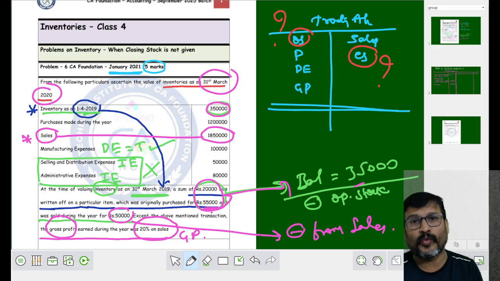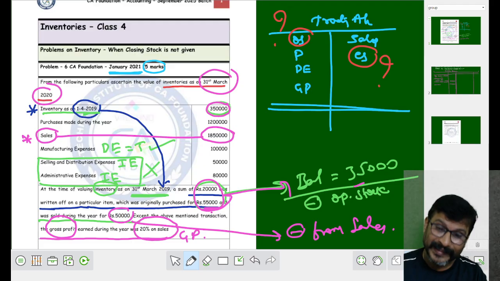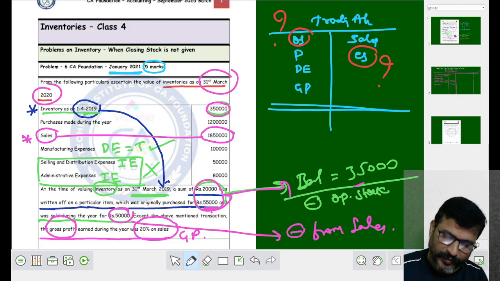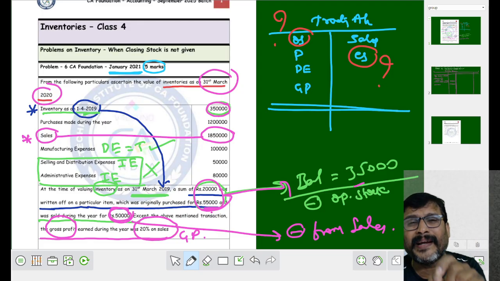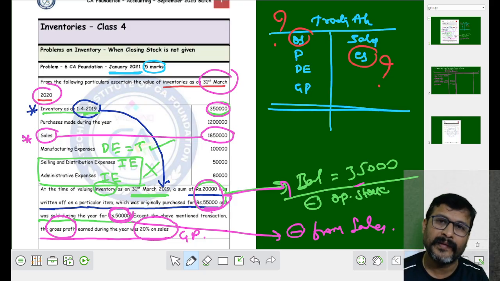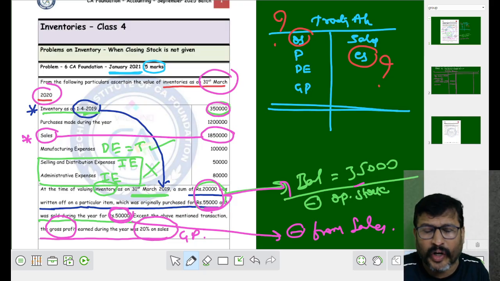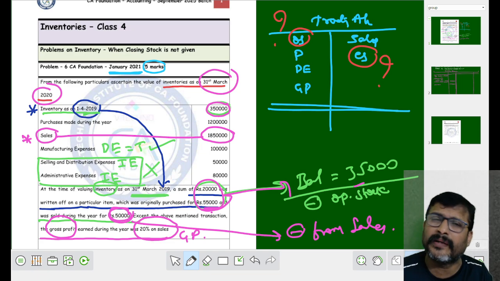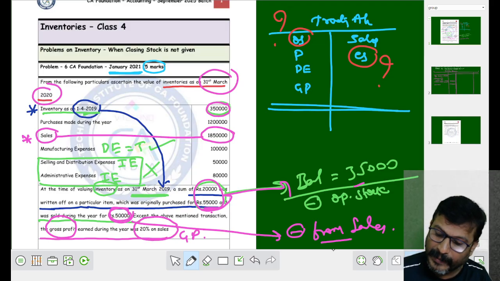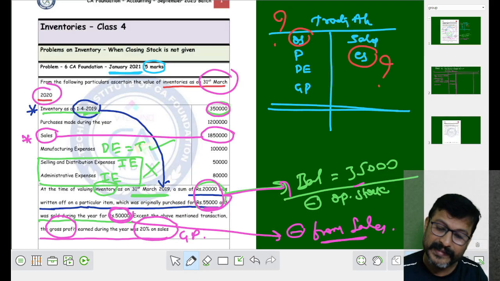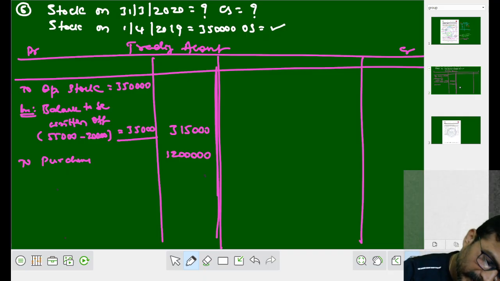Out of the sales, what we have to do? These stock, whatever they said, it is being sold for 50,000. This is called the sale of abnormal items, my dear student. Because it is written off, it is not normal goods, it is abnormal goods. They are not regular goods. Now this 50,000 is to be subtracted from sales. Sales is 18,50,000.